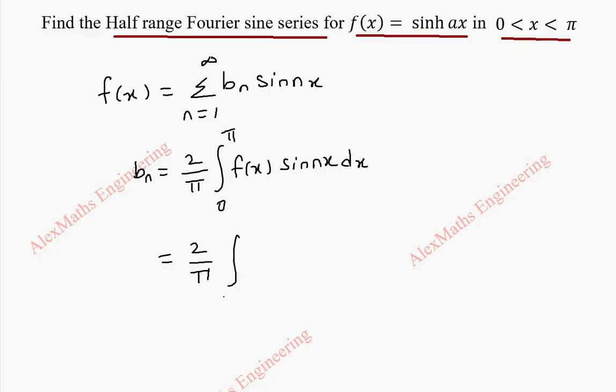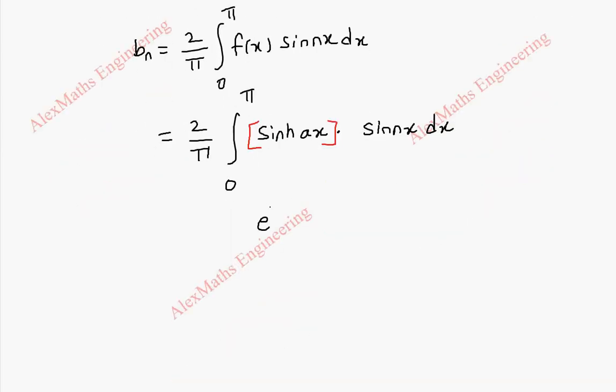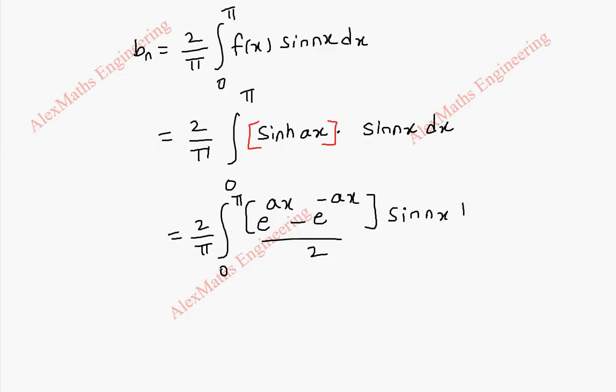So 2 by pi integral 0 to pi sinh ax into sin nx dx. Now we are going to apply a formula for sinh ax. Sinh ax is (e power ax minus e power minus ax) by 2, and outside we have integral 0 to pi as a limit, and we have a term 2 by pi, and on the other side we have sin nx dx.